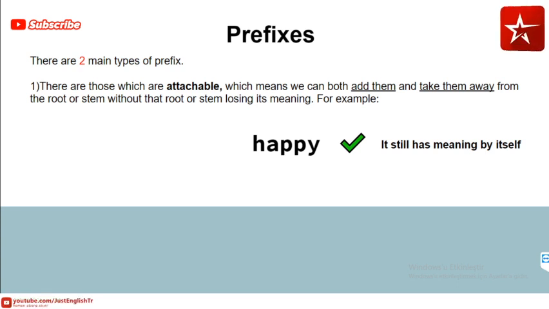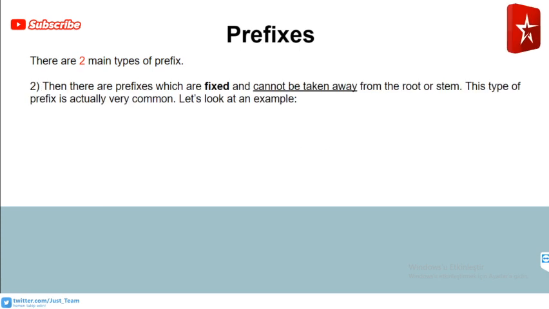However, if we look at another word, an example of a fixed prefix, this type of prefix cannot be taken away from the root or stem. If we take it away from the root or stem, it simply has no meaning. Let's have a look at an example. Provide.